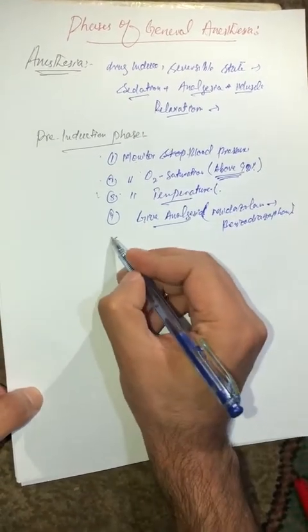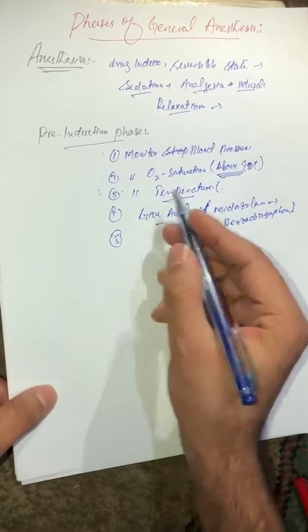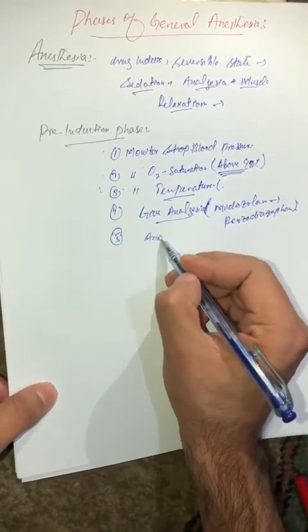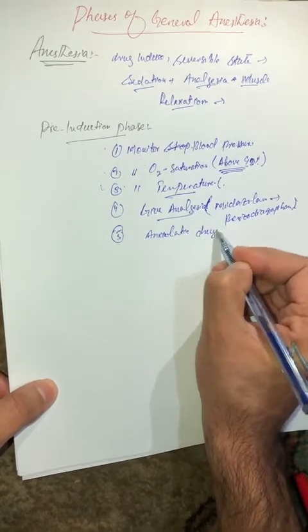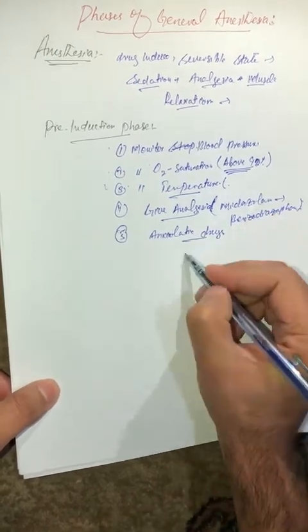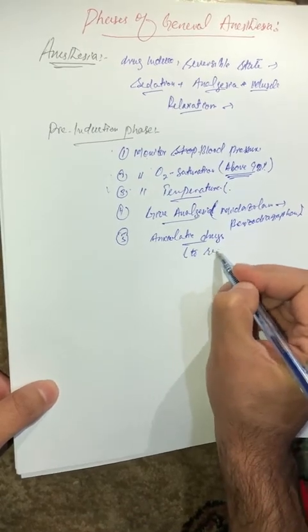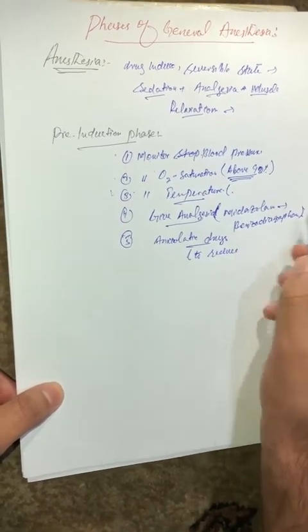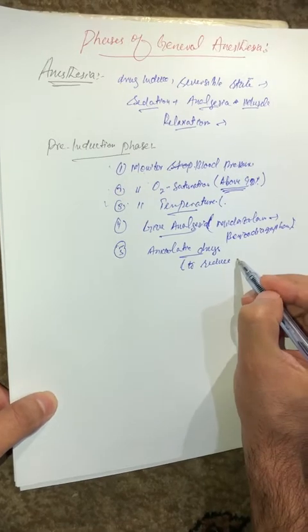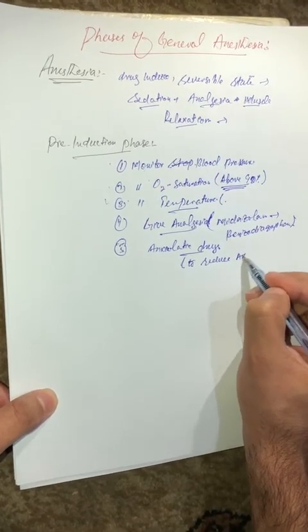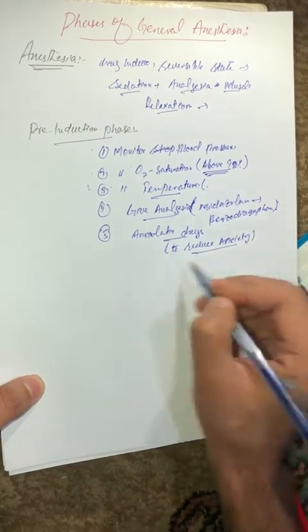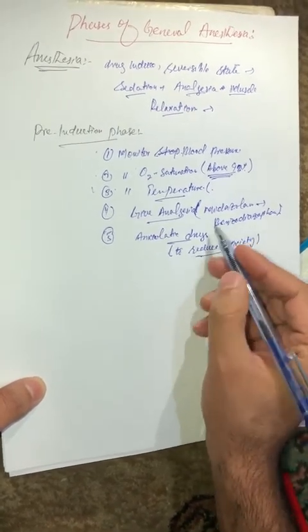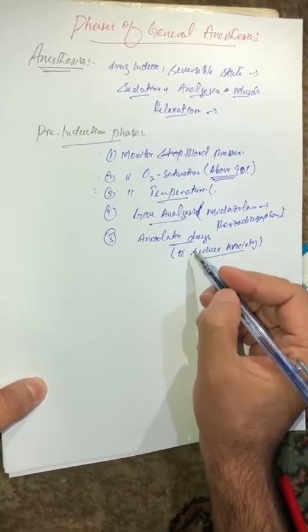The fifth one is give anxiolytic drugs. Anxiolytic drugs are to reduce the anxiety of the patient before giving the sedation, because if the patient is anxious, there may be some post-operative complications.